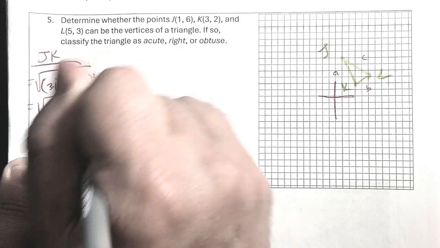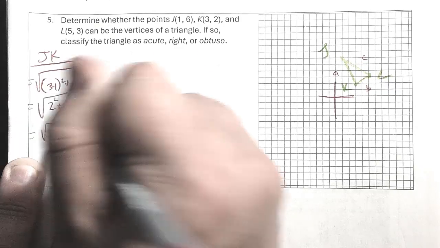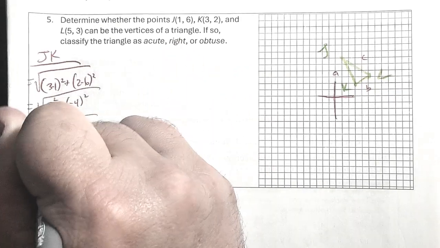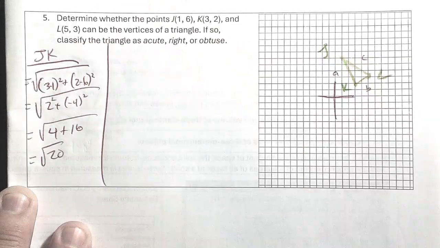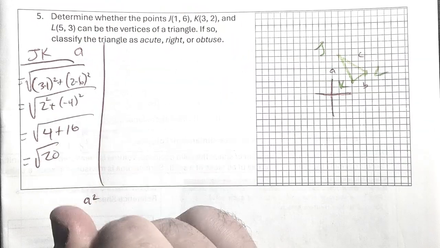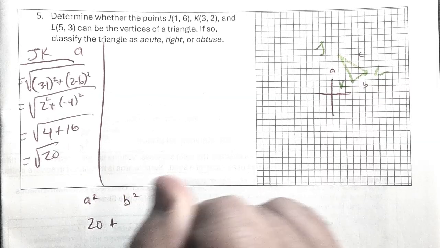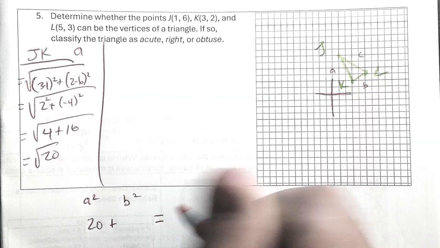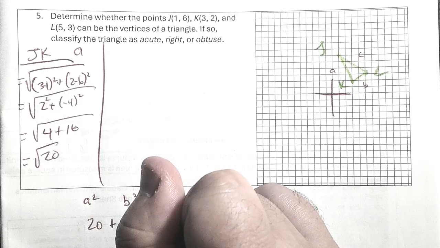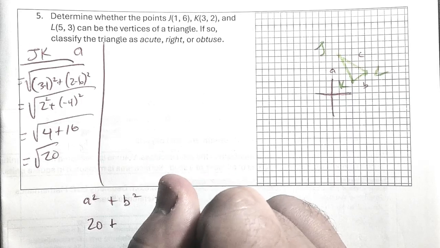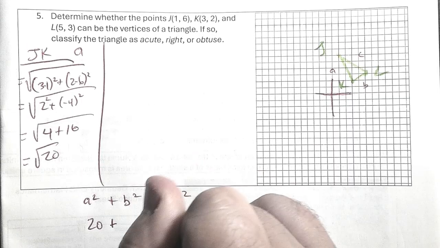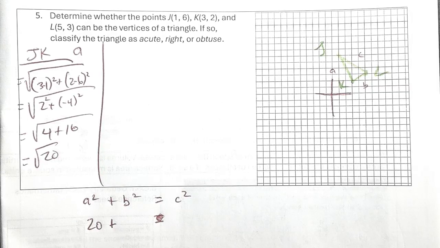So that's 4 plus 16, and that is the square root of 20 for JK, which is your A. So A squared is 20 plus B squared, well, we're going to put equals, but we don't know yet. So actually we'll put it up here and wait and see.